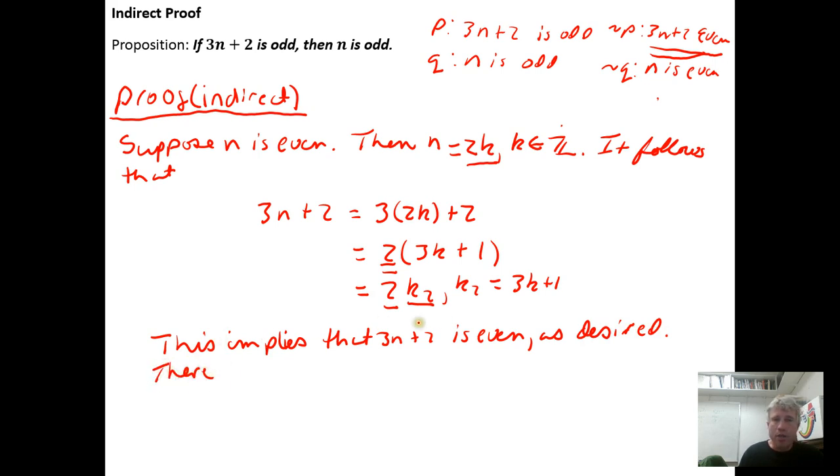So proving the contrapositive, which is what we just did, proves the original implication. Therefore, if 3n plus 2 is odd, then n is odd. And we're done with our proof.